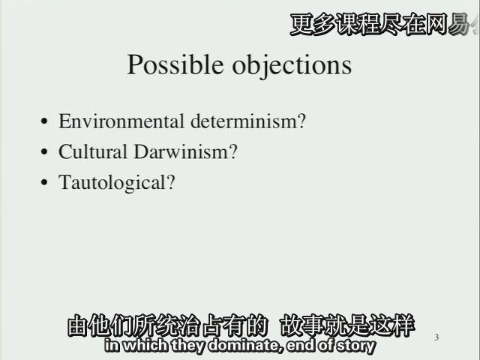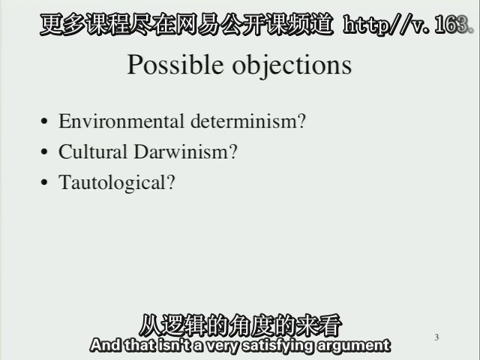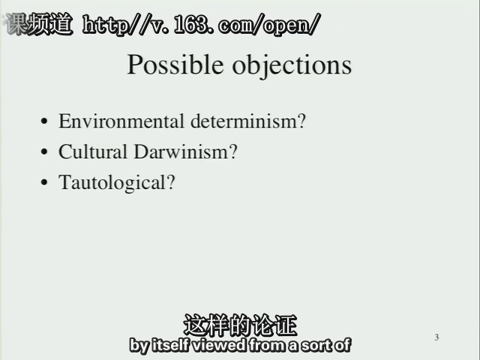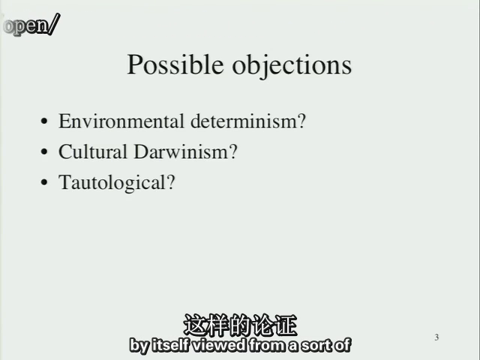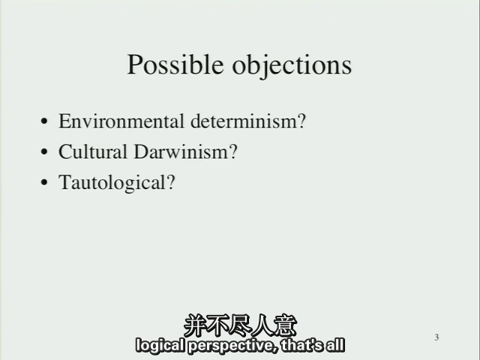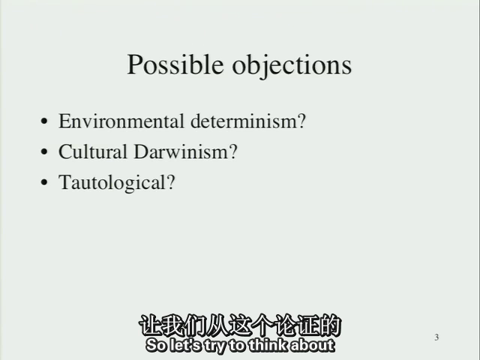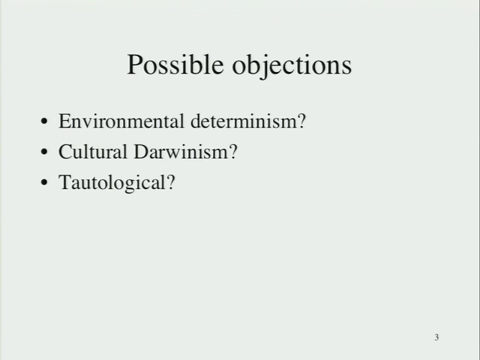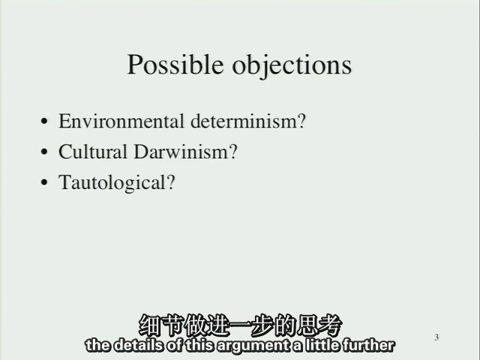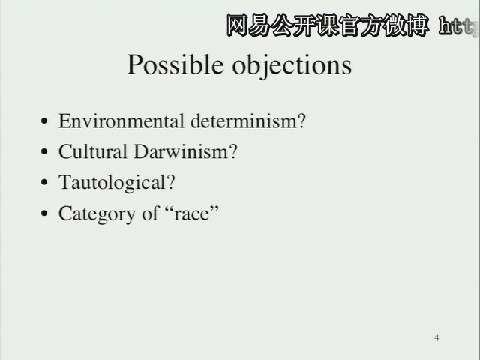End of story. And that isn't a very satisfying argument by itself, viewed from a logical perspective. That's all. So let's try to think about the details of this argument a little further.